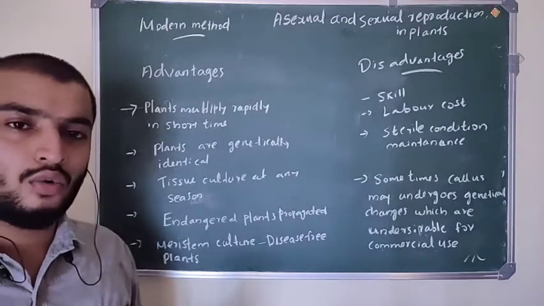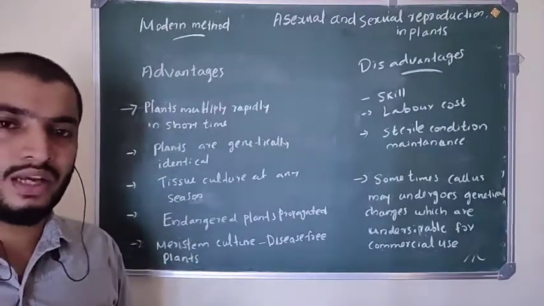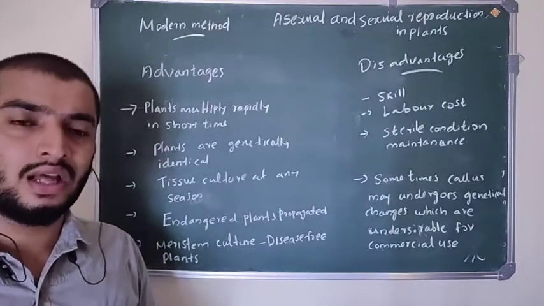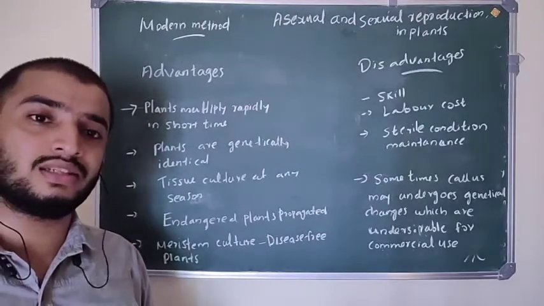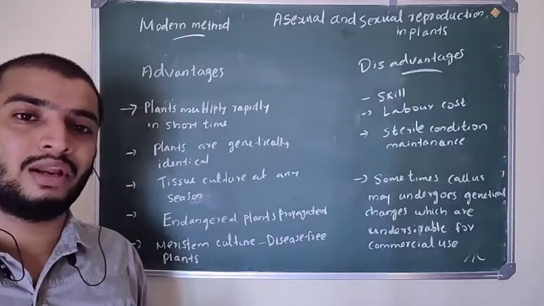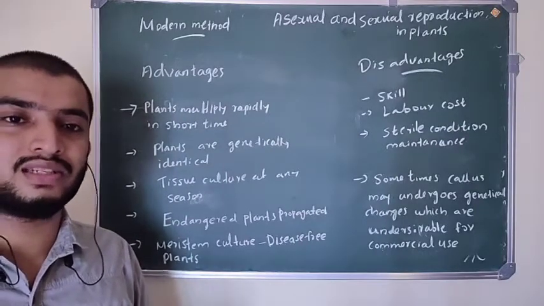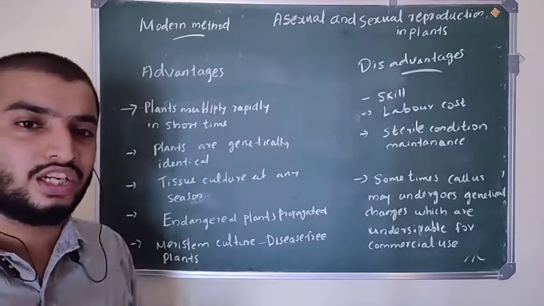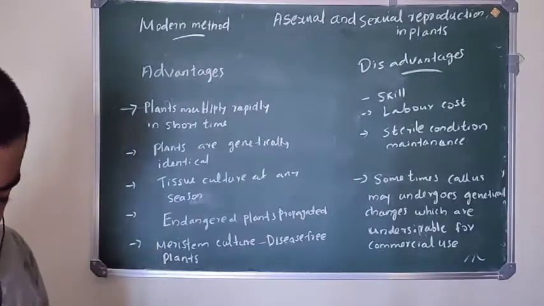Also, while performing micropropagation, the developing plant tissue, called the callus, may bear some undesirable characters. Those may be economically not useful, so we may get plants of less economic use. That is also a disadvantage of micropropagation.